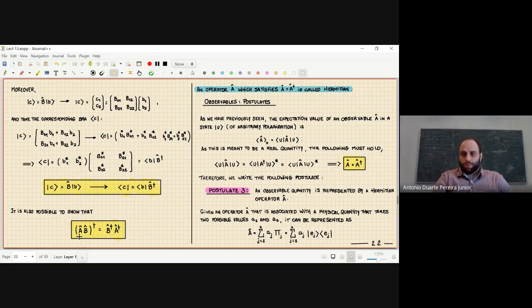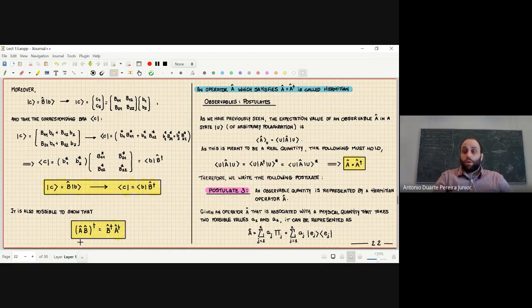Now I can ask you, what is the Hermitian conjugate of this product of matrices? Well, you can prove that the dagger of the product AB is B dagger times A dagger. So you invert the order of the matrices and take the dagger of each one.